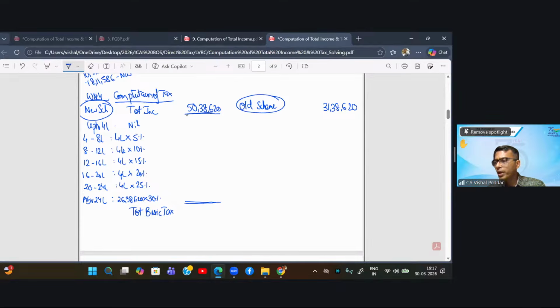Let me do working on my calci as well. How much am I getting? Okay. 1091,586. Is this correct? The basic tax as per the new slabs?